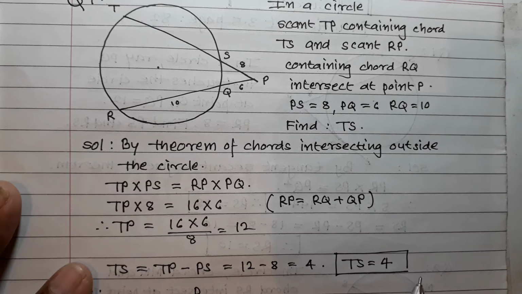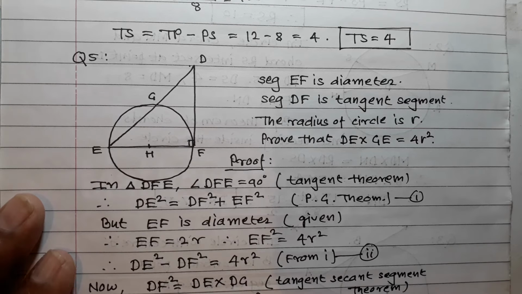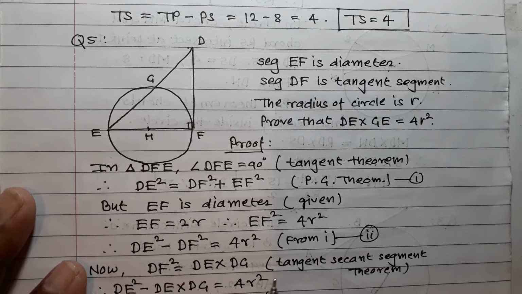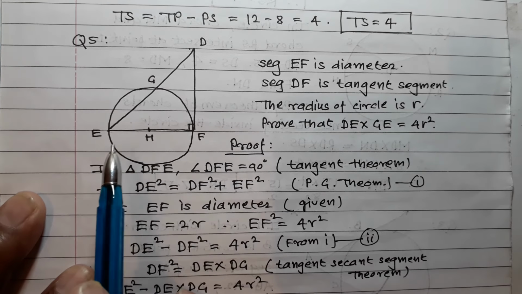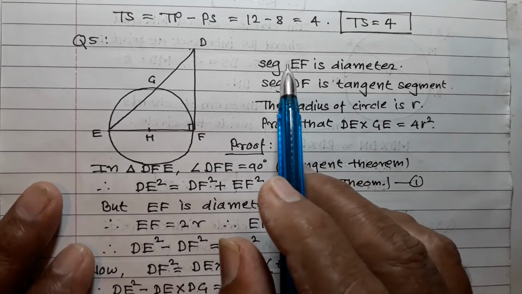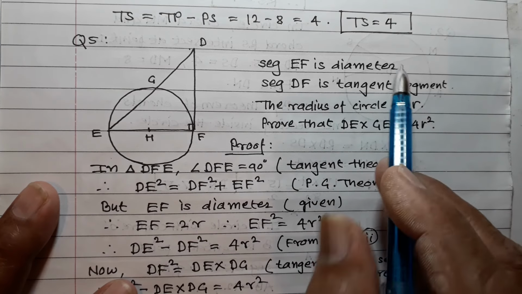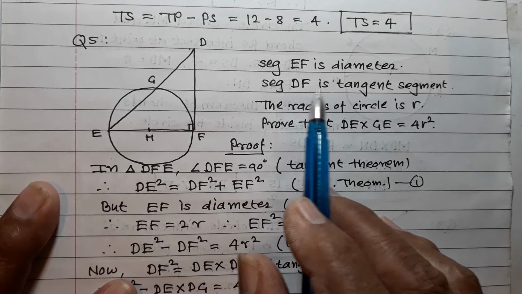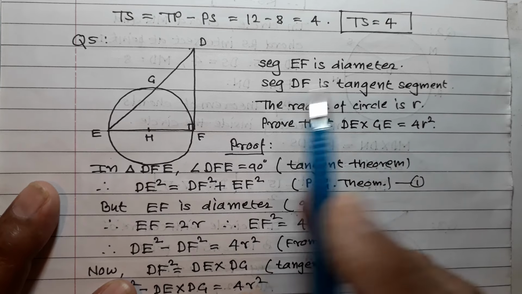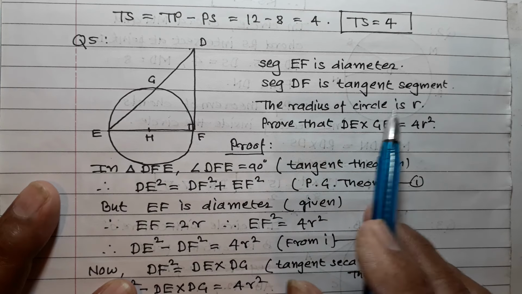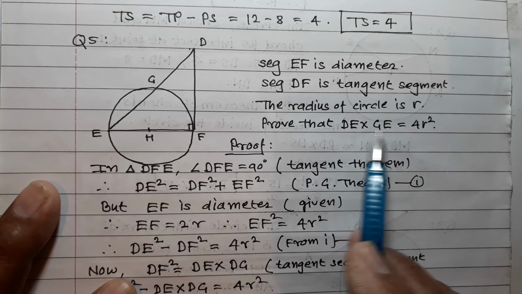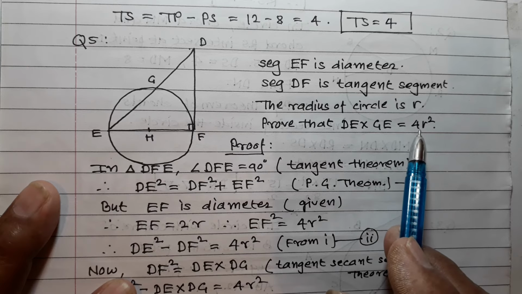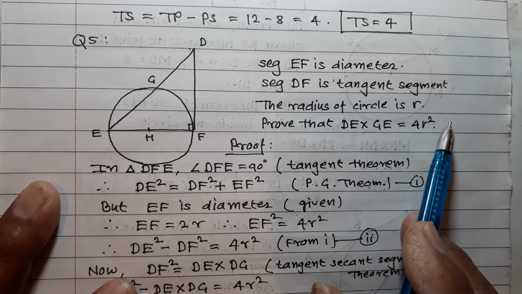Question number 5. This is the last question of this chapter, which is important, slightly complicated. Try to understand. Not very difficult. Seg EF is diameter, seg DF is tangent segment, radius of circle is R. Prove that DE into GE is equal to 4R square.